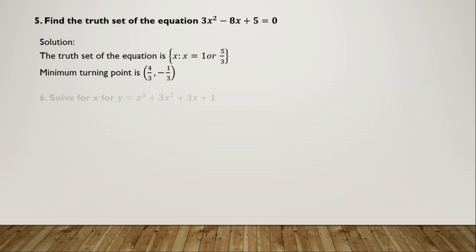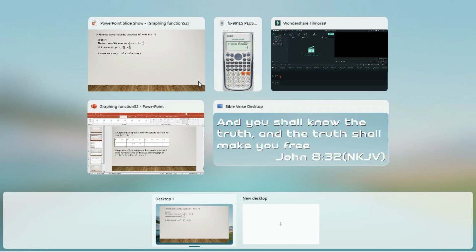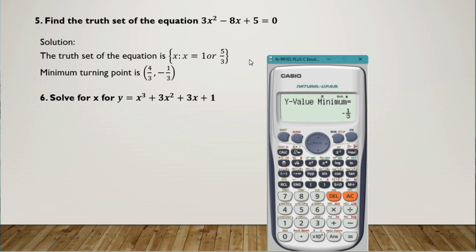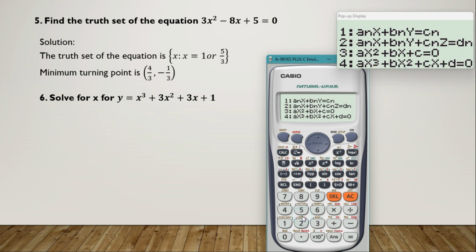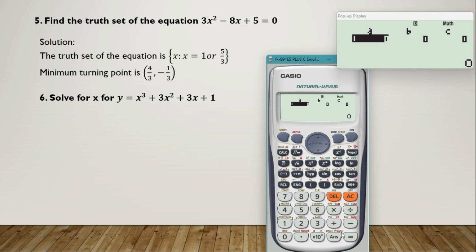So this one is in the cubic equation. So you press mode 5, then 4, which is the cubic function. Now the coefficient of x cube is 1, and then x squared is 3, x is 3, and the constant is 1.